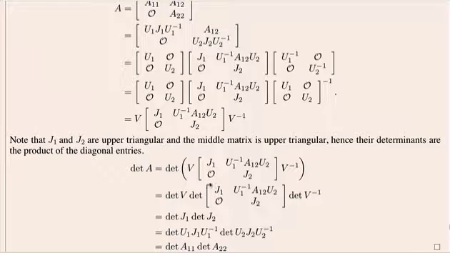There is nothing in the lower triangular part, and it's not just block upper triangular, it's regular upper triangular, which means that the determinant is just the product of the diagonal entries that are actually in the upper triangular J1, J2 matrices. So it's just the determinant of J1 multiplied with the determinant of J2, because those are also just the products of the diagonal entries.